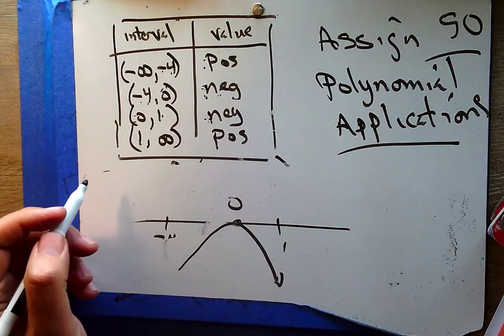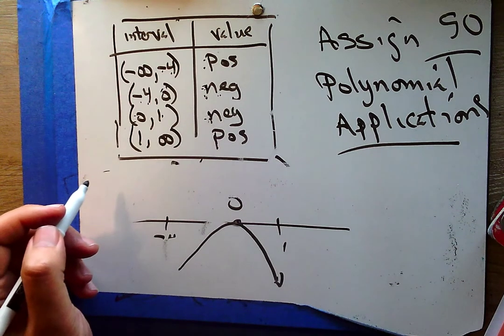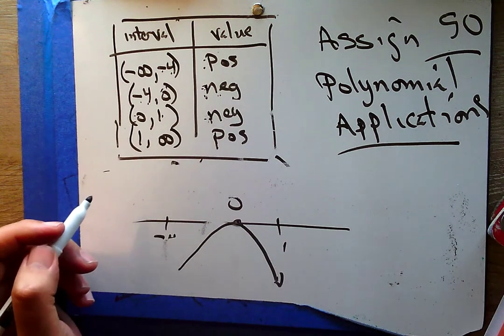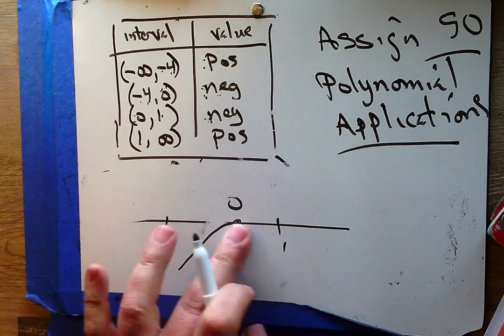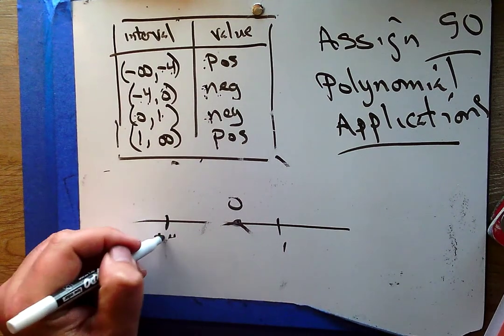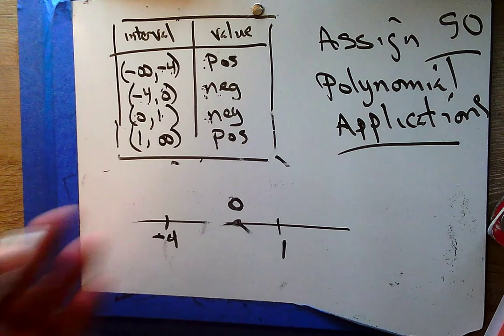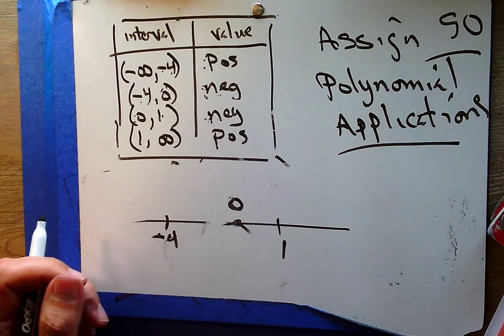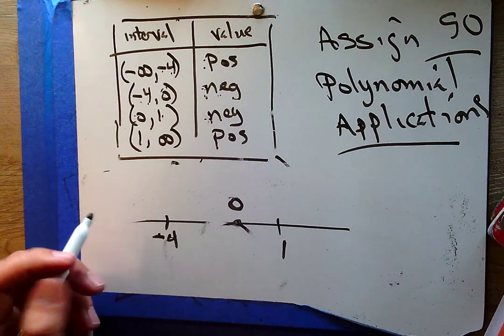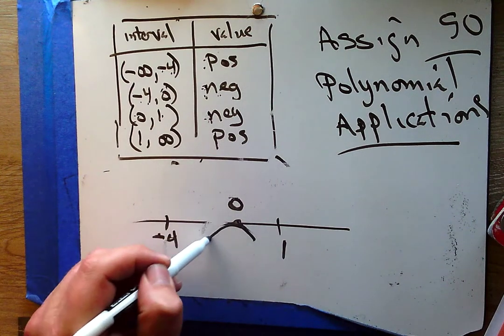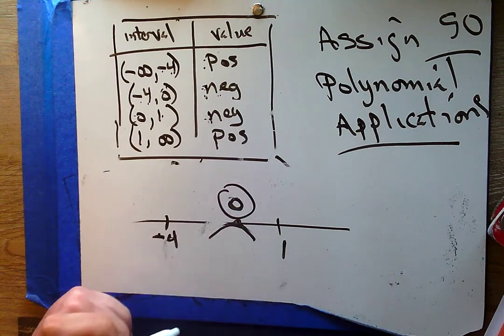C, what's the least possible degree and why? Okay, so we said that we would have x-intercepts at negative 4, at 0, and at 1. Is this a third degree polynomial? No, it has to be higher than that. Why? Because of the bounce here at 0.